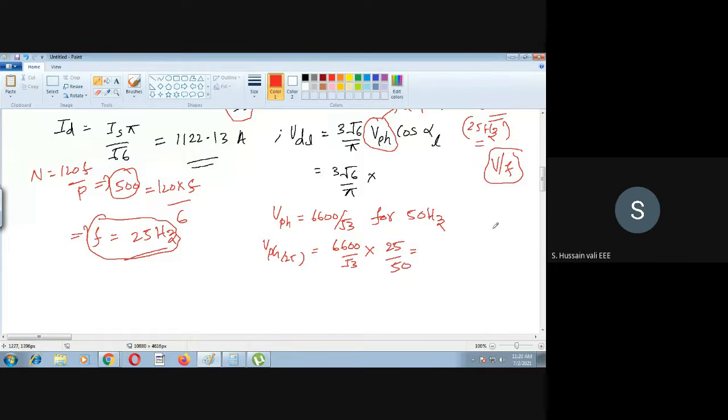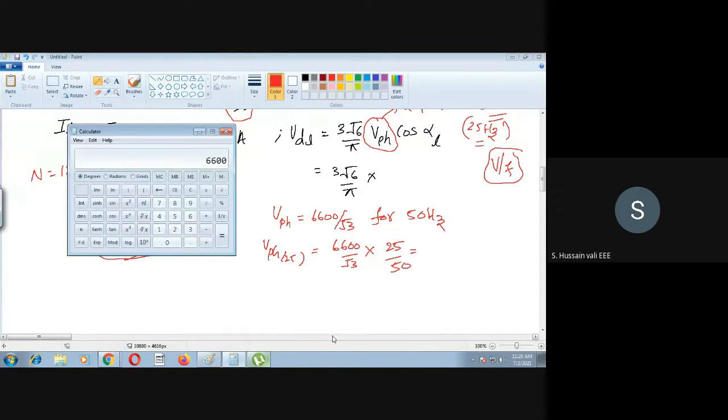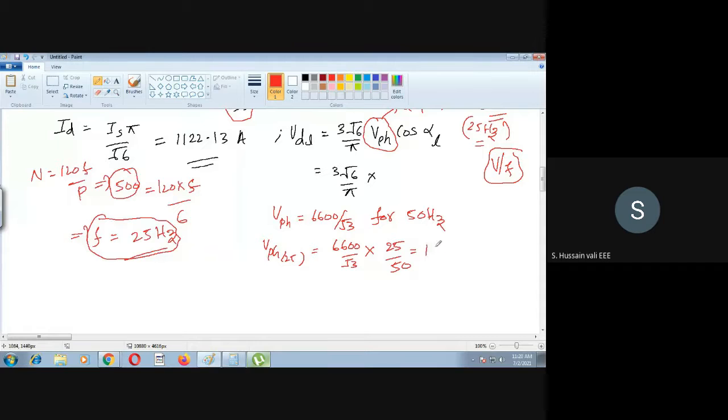Then what is the answer you will get here? 6600 divided by 1.732 divided by 2 gives 1905.3. So this is the voltage. This voltage you will substitute here now. 1905.3 into cos alpha.